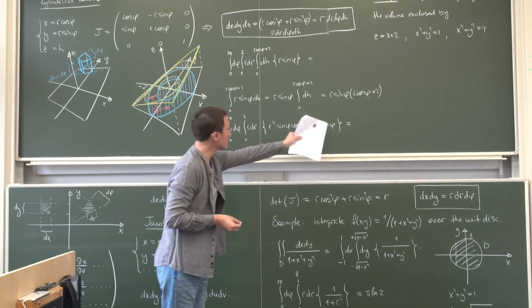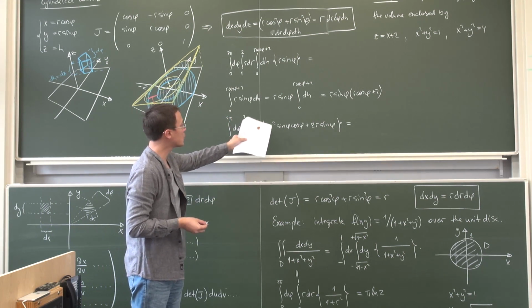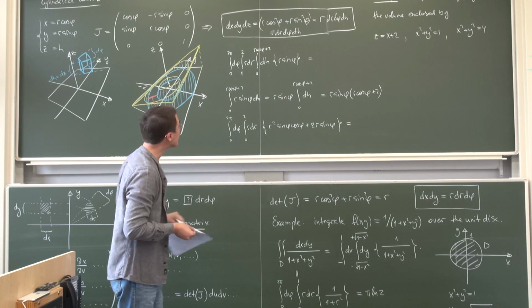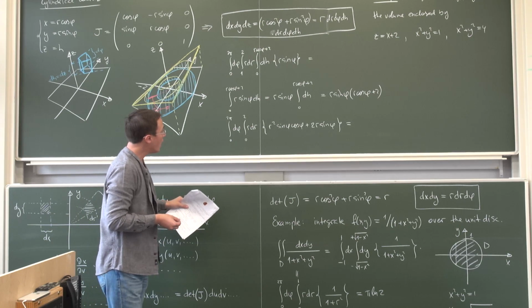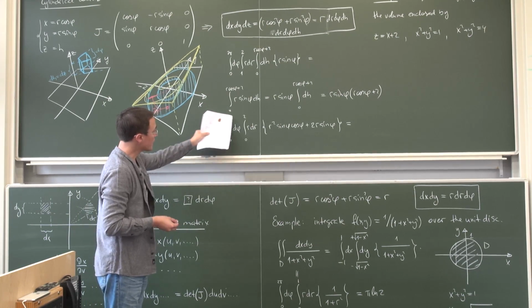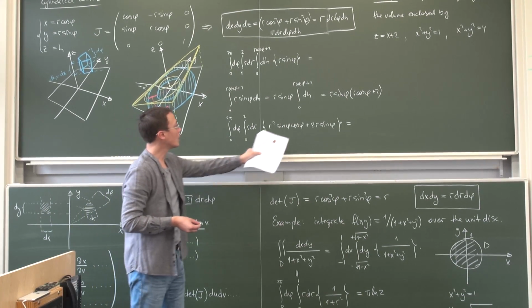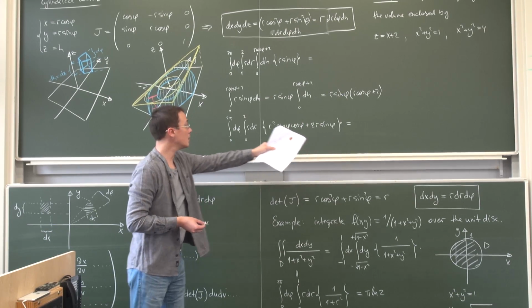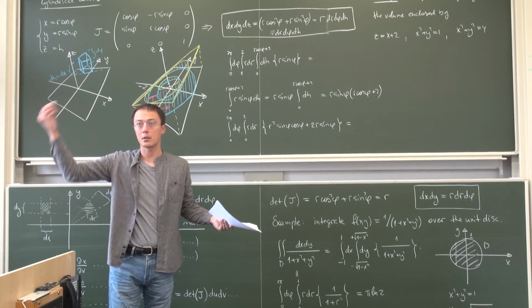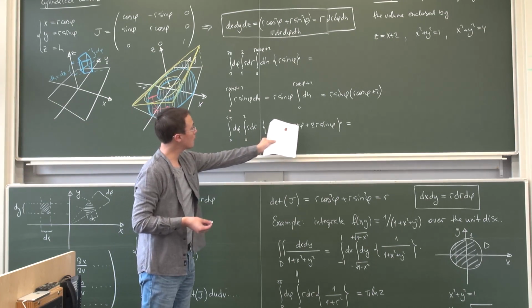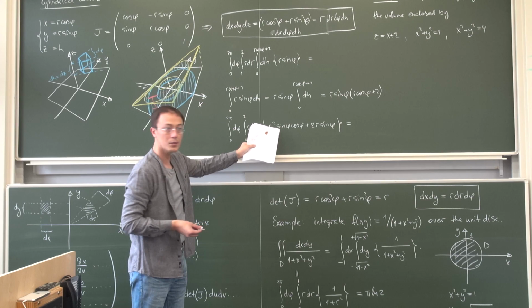Our functions here are separated. There is no r inside phi and there is no phi inside r, so we can take these integrals in any order. However, that is an integral over a complete period. In this case over sine, and so the integral of sine phi over 0 to 2 pi must be 0. It's a periodic function. The same goes for this. This is just a sine of a double angle.